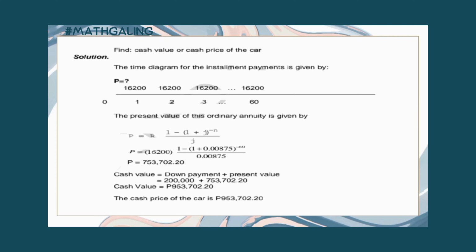So in every year we have the installment payments. So the 60, that is the equivalent of N. So the present value of this ordinary annuity is given by P is equal to R times 1 minus the quantity of 1 plus I raised to N, all over I.